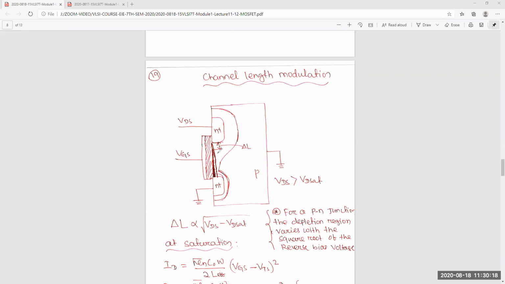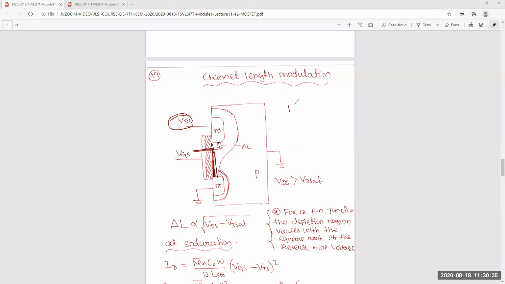No, resistance actually we can say increases, but in the saturation region we are calculating the VD sat value. We are not calculating the whole VDS value.